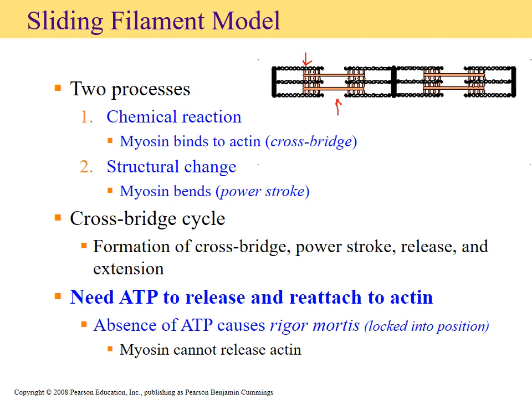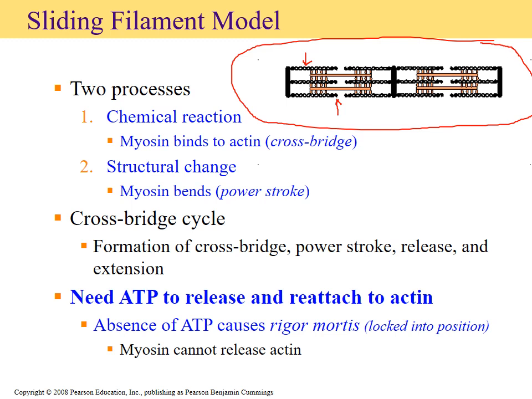Once you have your cross bridge, now you need to get the filaments to slide over each other, because as they're sliding, what we see is that the muscle starts to contract. And that's what my little illustration right here is trying to show you.